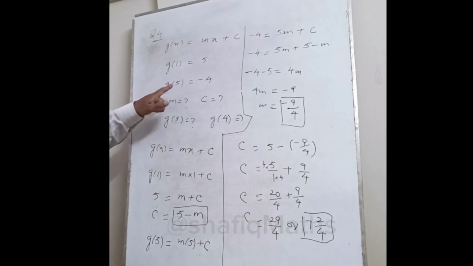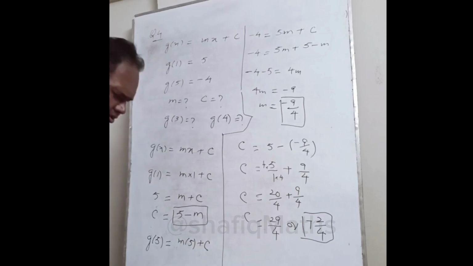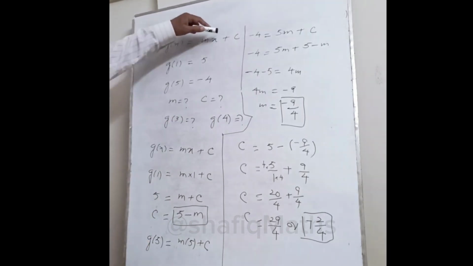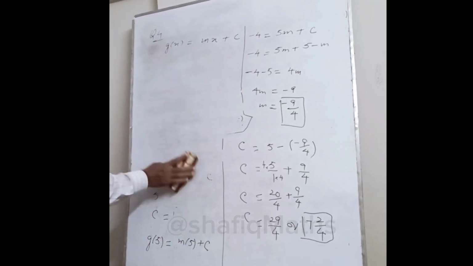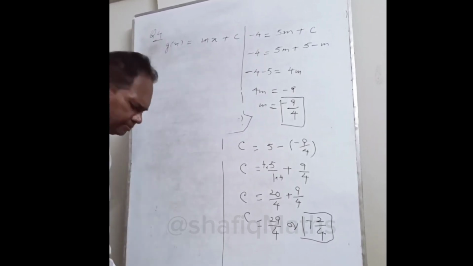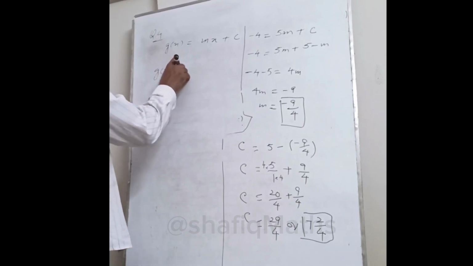Find the values of m and c, we have done. Now we are coming to find the values of g(3) and g(4). So we are substituting the values of m and c in this equation. Our expression will be g(x) = mx + c.